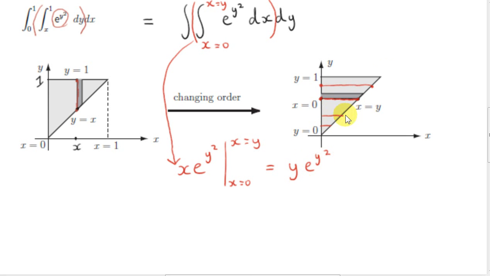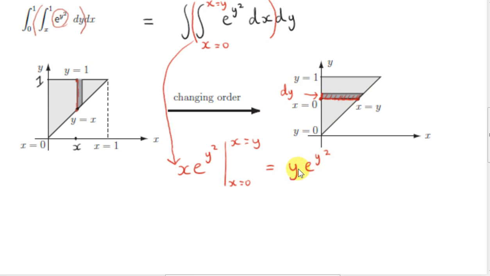So the cross-sectional area is a function of y alone. To get the volume we have to consider slices of width dy in this case, because we have to sum all these slices.